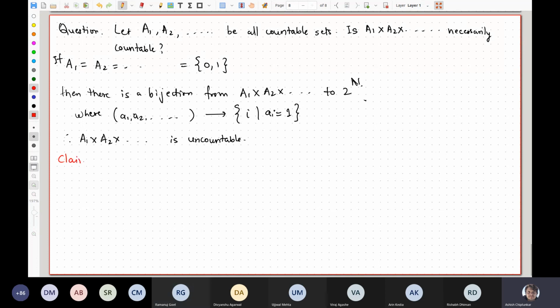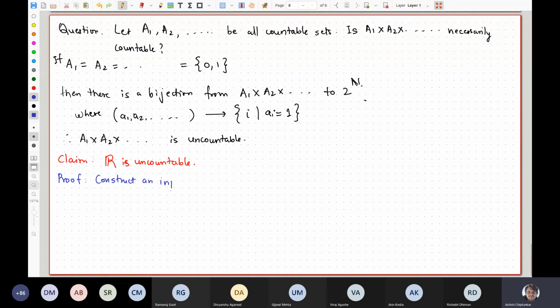So claim, let's do it immediately. The claim: R is uncountable. Proof: we'll give an injection.